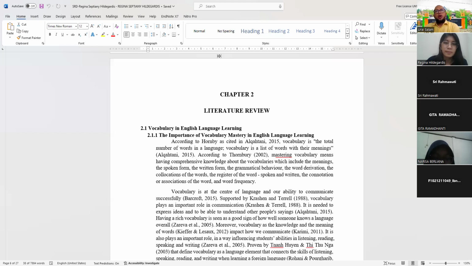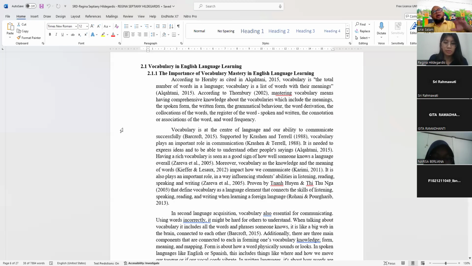Attitude will grow with a good perception. Meanwhile, attitude is very important for learning. So in that section, I think you need to talk about opinion, perception, and attitude toward the test.